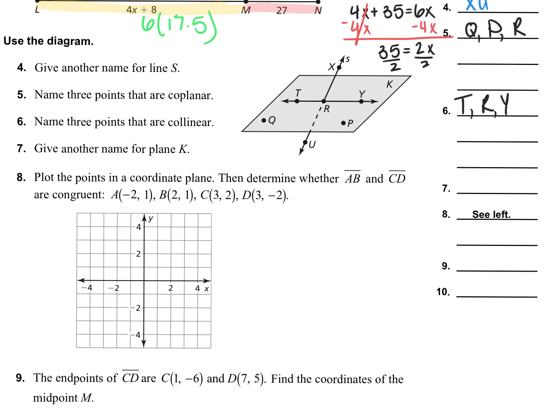Remember, you need 3 letters to name a plane. Q, that's 1. PK? Well, K is already the name of the plane, so it'll be Q, P, R. Not X, because X isn't on the plane. We said not X. R.